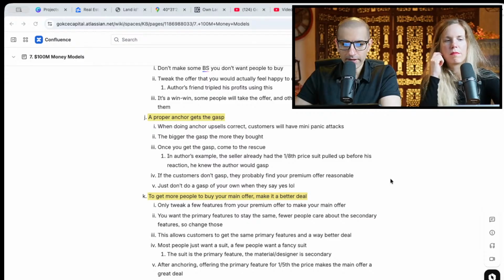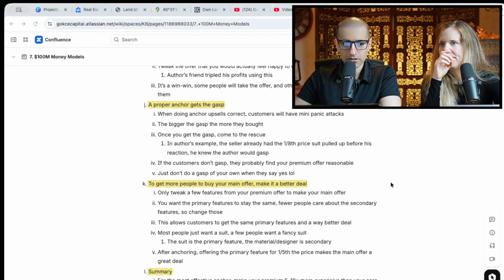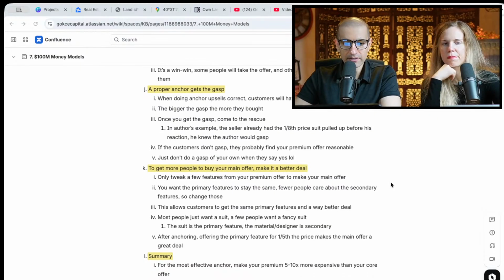A proper anchor gets the gasp. When doing anchor upsells correctly, customers will have mini panic attacks, because it's 5 to 10x the price. The bigger the gasp, the more they bought. Once you get the gasp, come to the rescue.